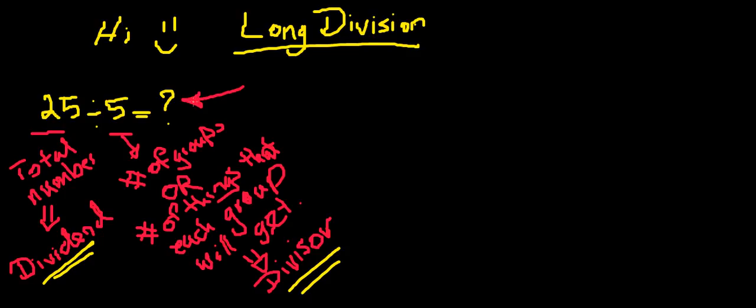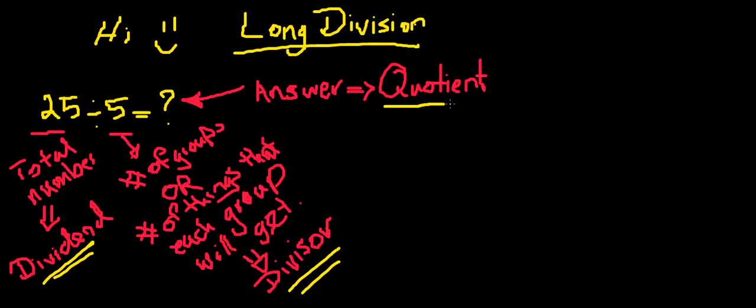The last piece is our answer, and this also has a name, which we call the quotient. So the first number is the total number, called the dividend. The other is the number of groups, or the number of things each group will get, called the divisor. And lastly, you have the answer that you want to get.